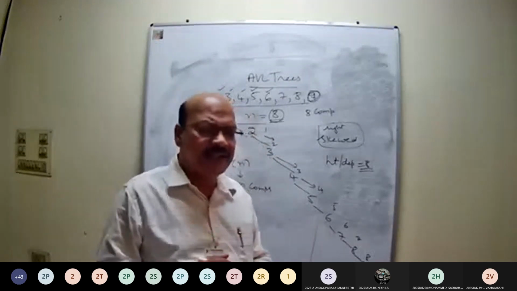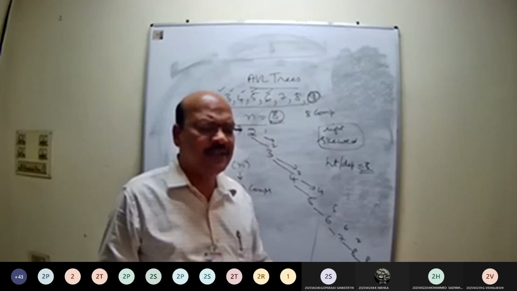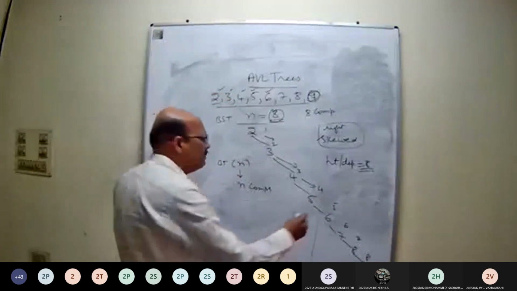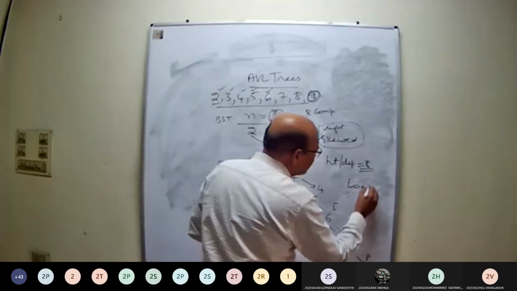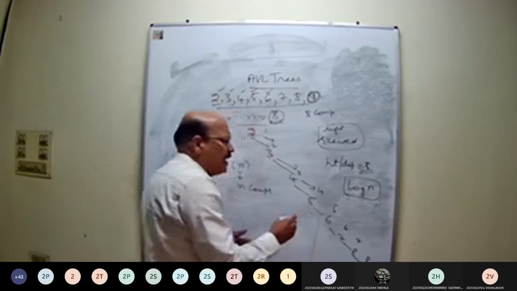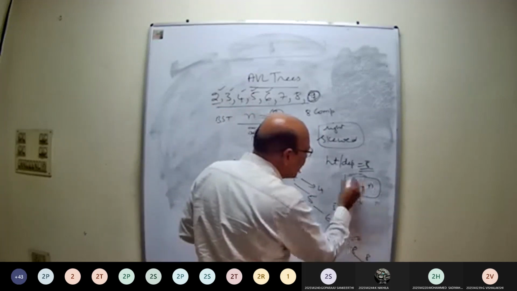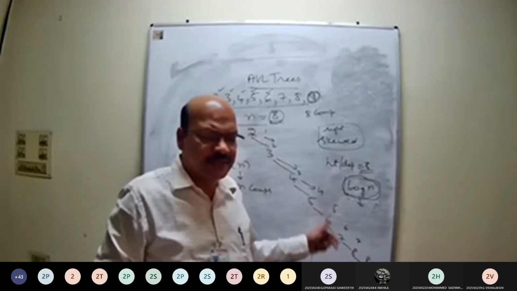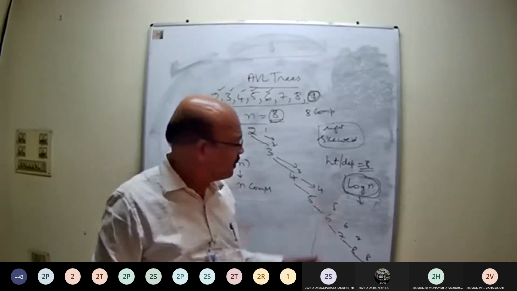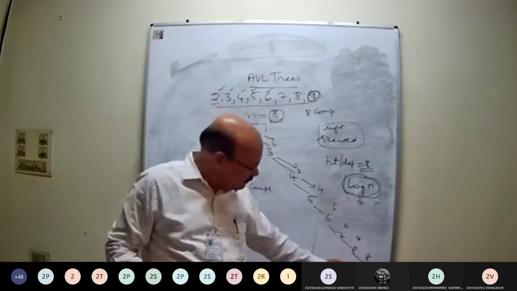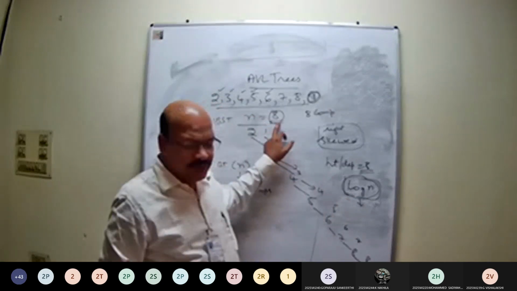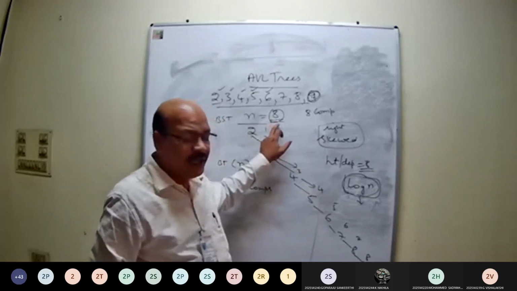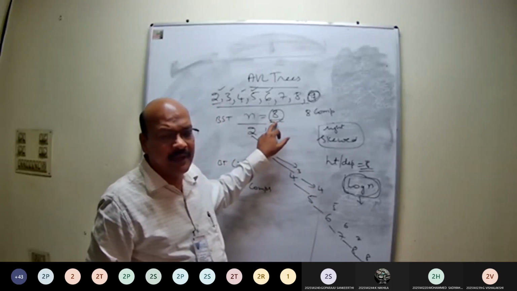For example, if I restrict the height of the binary search tree to log n, then in the worst case with log n comparisons, I would be able to tell whether an element is present in that binary search tree or not. If you don't restrict it, with n elements, in the worst case you may require n comparisons.